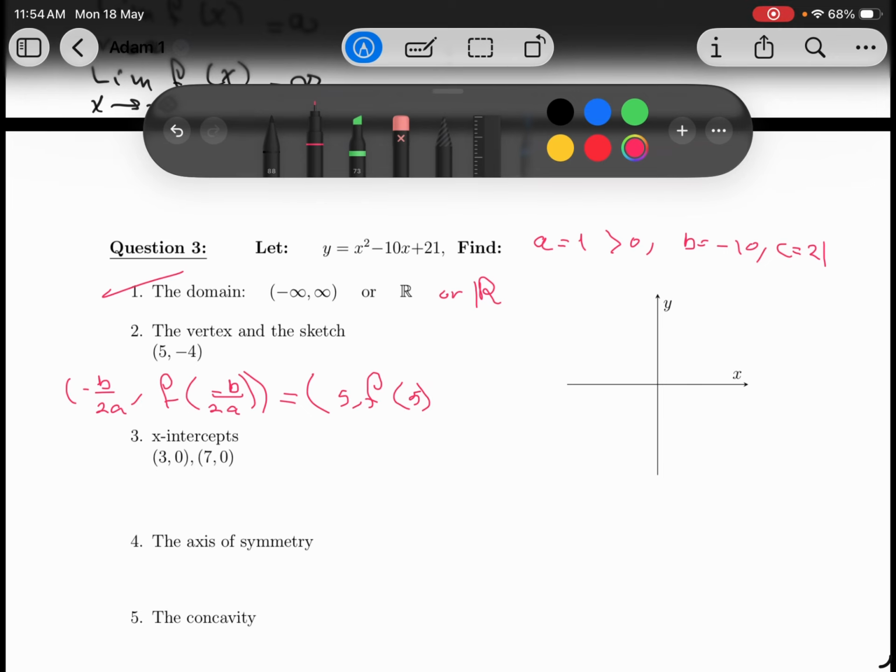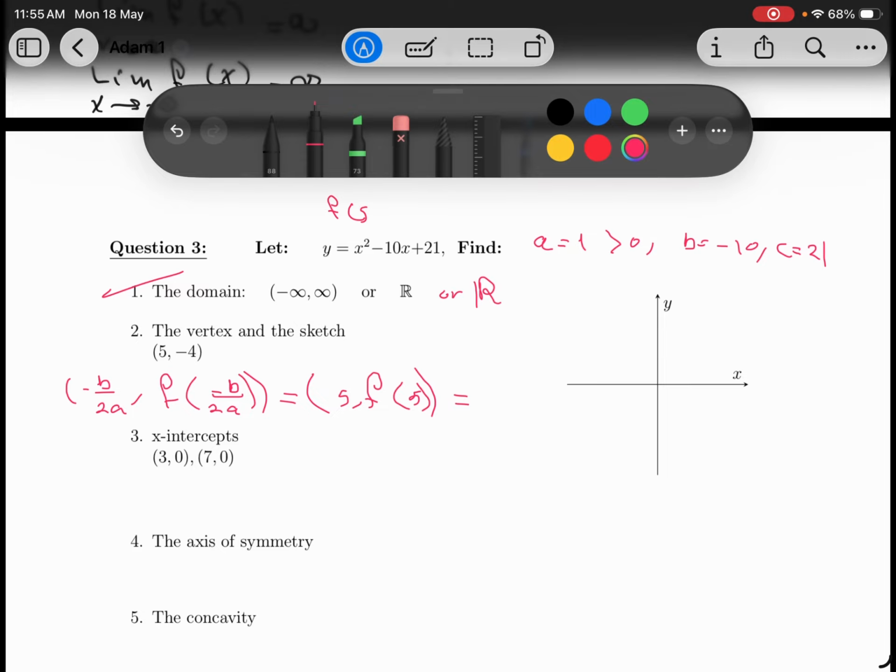F of 5. How to find f of 5? You have f already, x squared minus 10x plus 21, but you have to write it correctly in the calculator. F of 5, okay, I will write it here.